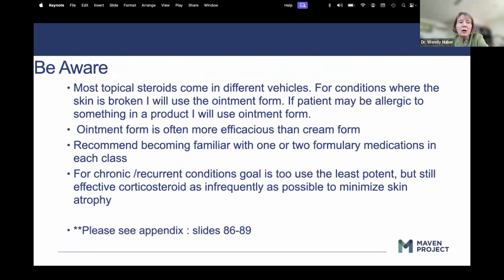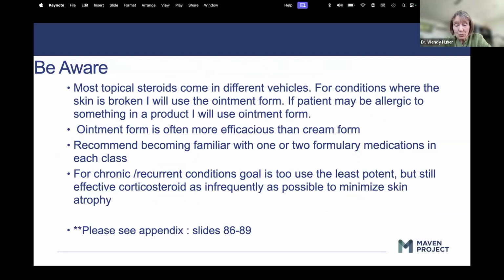Okay, so do be aware that you do have a choice of different vehicles for the topical steroids that you order for your patients. For conditions where the skin is broken, I will always use ointment form. And because I'm so worried about contact allergies and I'm generally seeing a lot of patients for persistent dermatitis, we don't know what's bothering them, I preferentially just use ointments.